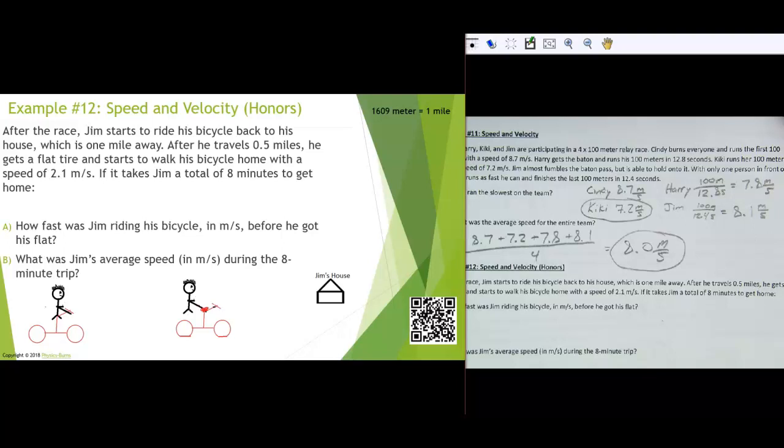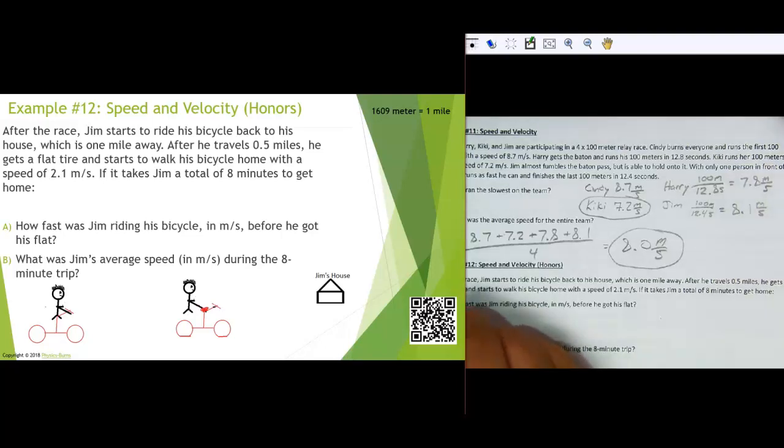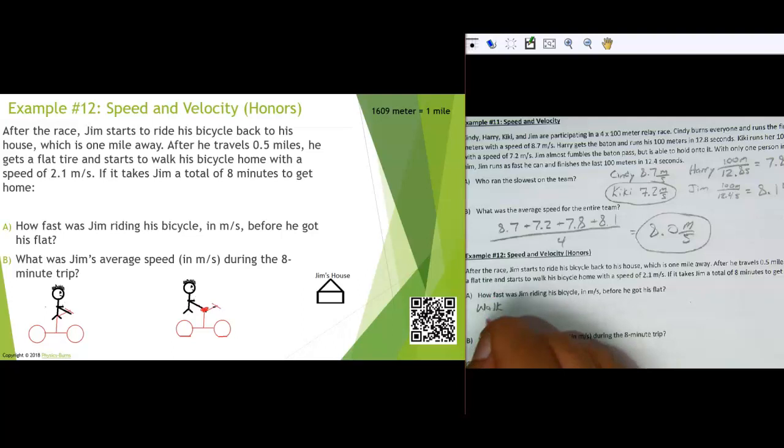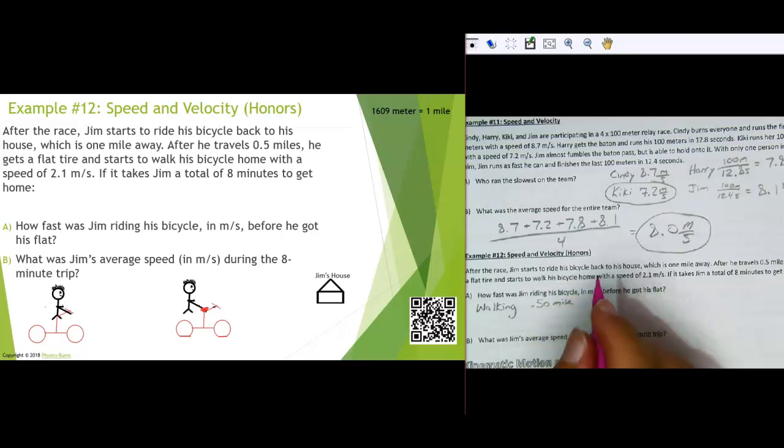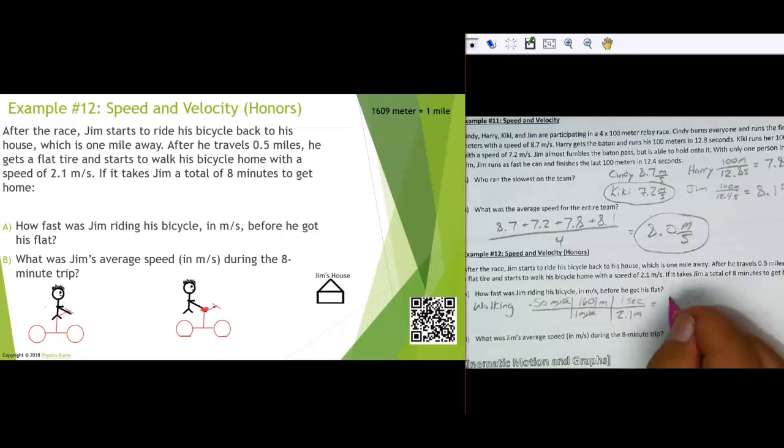To solve this, first I'm going to see how he did walking. Walking, he did a half mile, 0.5 mile. I'm going to convert this to meters. 1 mile is 1609 meters. Since he did 2.1 meters for every second, I'm calculating how many seconds, and I got 383 seconds.